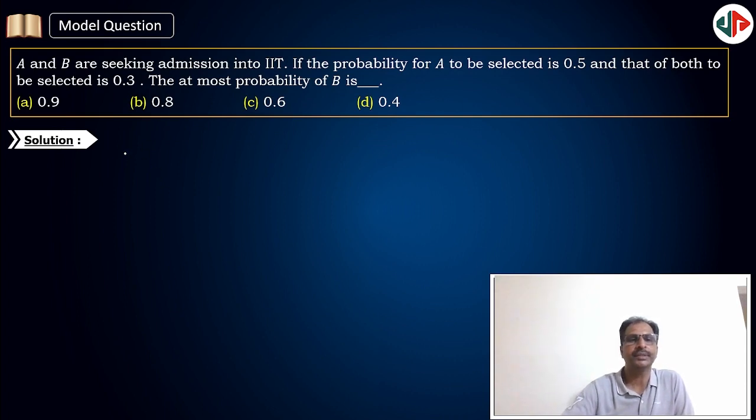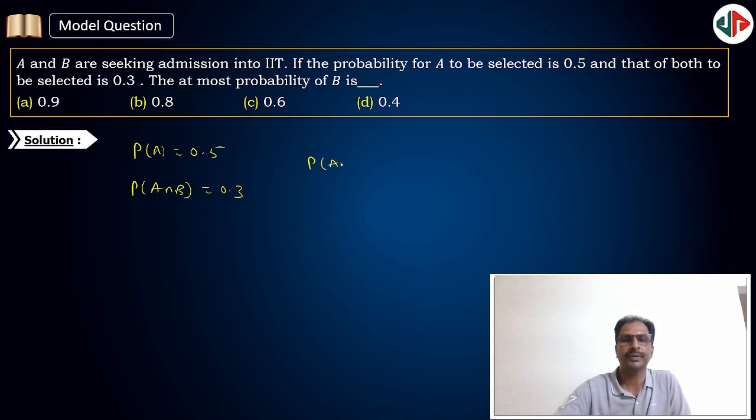Next, A and B are seeking admission into IIT. If the probability for A to be selected is 0.5 and that of both to be selected, meaning A intersection B, is 0.3, then the at most probability of B is dash. That is, the maximum value of the probability is dash.